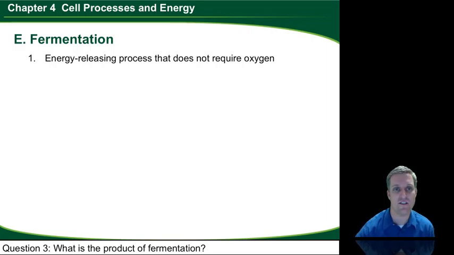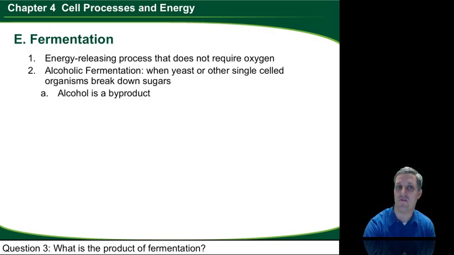Oxygen combines with the sugar, breaks it apart, and that's where you get your energy, carbon dioxide, and water. Sometimes there isn't any oxygen, and there's a process called fermentation that can produce energy without using oxygen.